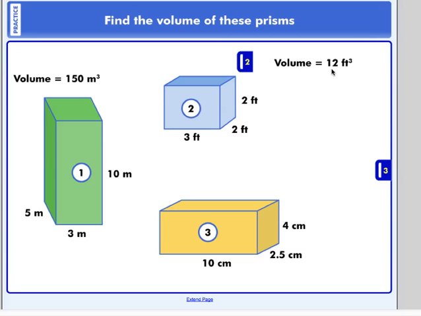So you should have gotten 12 cubic feet. Number 3, area of the base, it's 10 by 2.5. Okay, so you get 25 times 4. So you should have calculated a volume of 100 centimeters cubed.